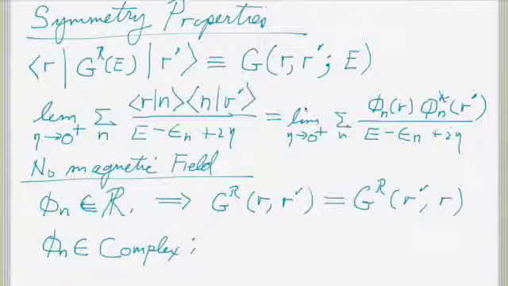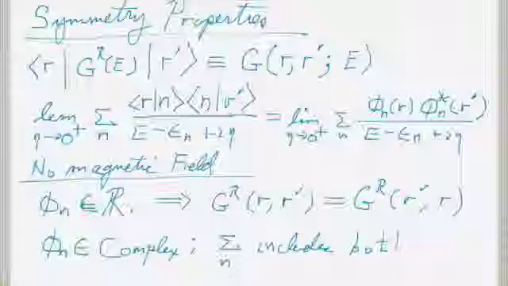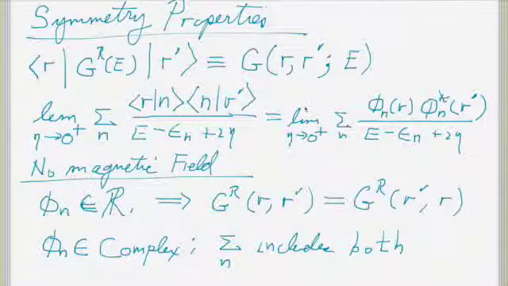But then, in that case, the sum over n, since we're summing over all eigenstates, includes both phi n and phi n star, since both phi n and phi n star are eigenstates of H.